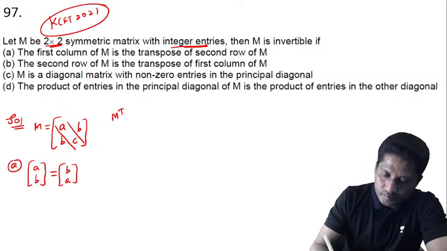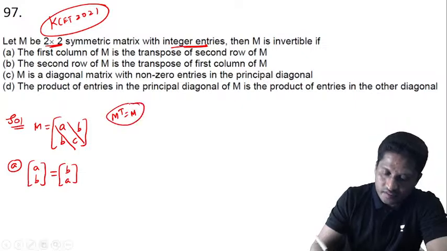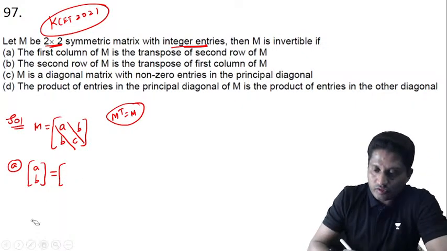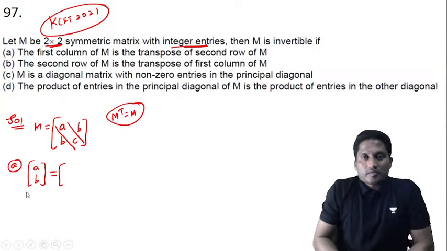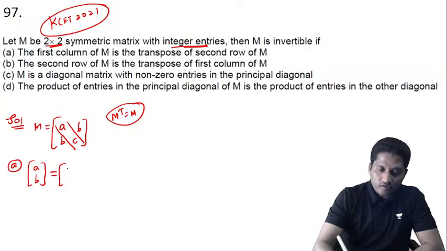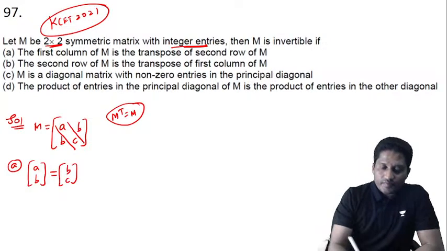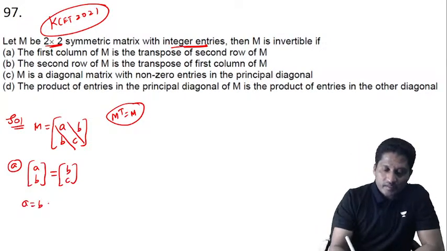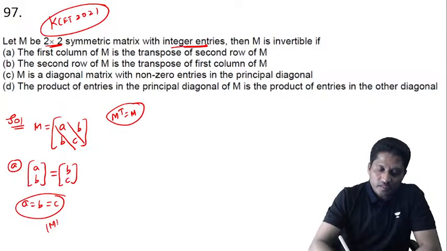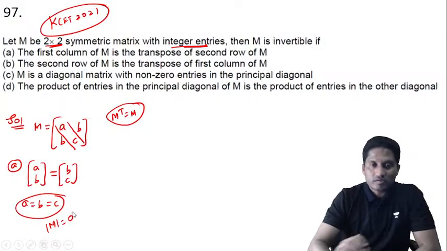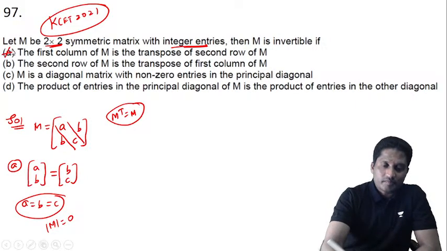It is like M transpose should be equal to M because it's already mentioned it's a symmetric matrix. Now according to the question, the first column of M is the transpose of second row of M. Transpose of second row of M is BC. If I equate, you get A is equal to B is equal to C. If A is equal to B is equal to C means determinant M is equal to 0, so inverse does not exist. This is not possible.